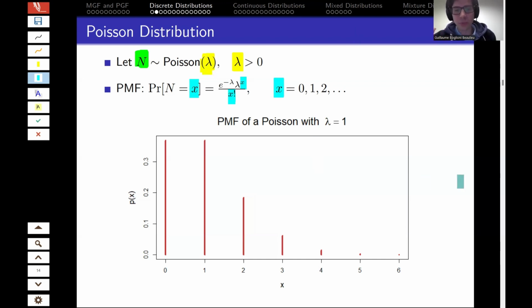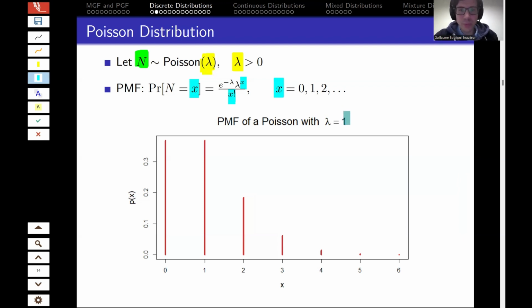But regardless of this interpretation, the Poisson is very often encountered because it's simple. It has only one parameter. It has the property that the expected value is equal to the variance. So yes, you will see it very often. Because it only has one parameter, it's simple, but it's also rather inflexible, meaning you cannot alter the shape too much because there's only one parameter controlling the shape.